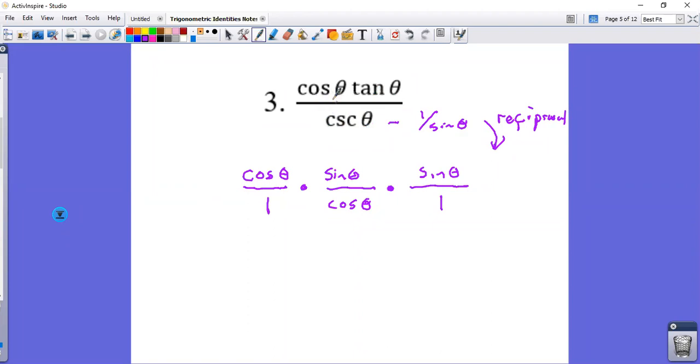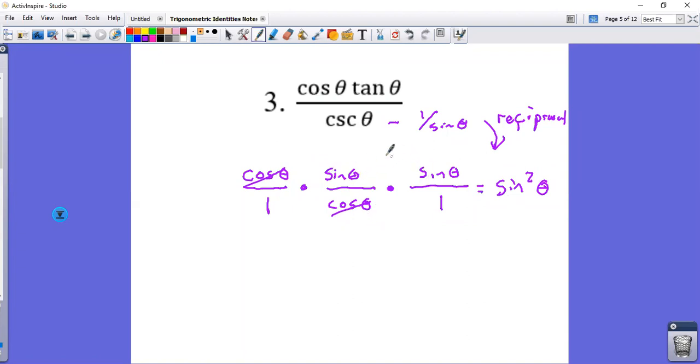So anything in the denominator of the fraction gets flipped over to right in line. So now anything that's in these, I have a cosine numerator, denominator, so those are reduced down to 1. If you have 2 of them, you write that as sine squared theta. You put your square there.